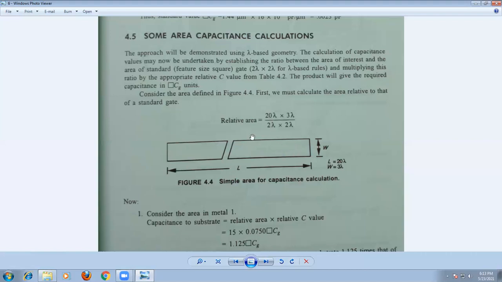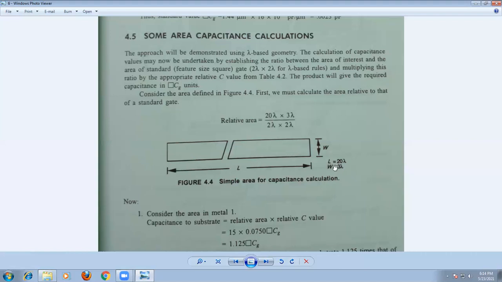So this is the length of the layer and this is the width of the layer. It is given that the length L is equal to 20 times lambda and the width is 3 times lambda.